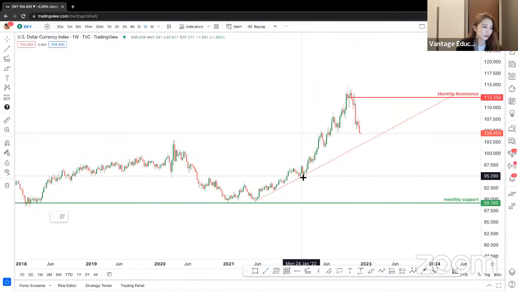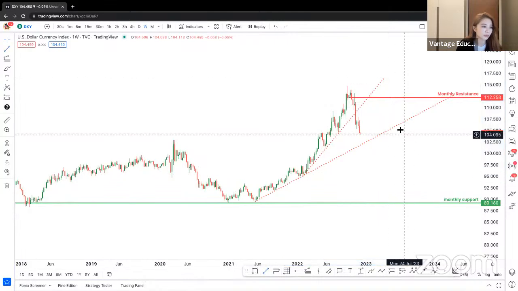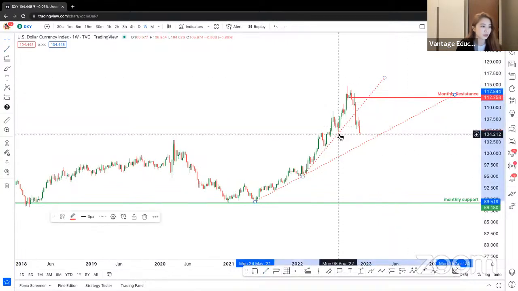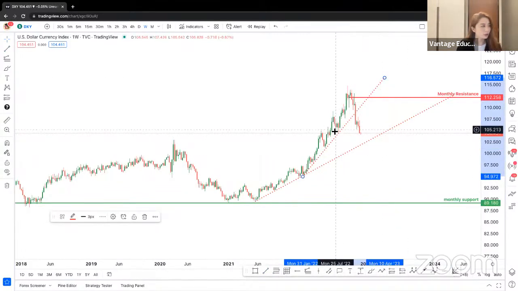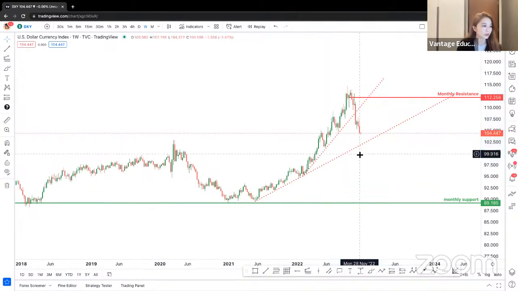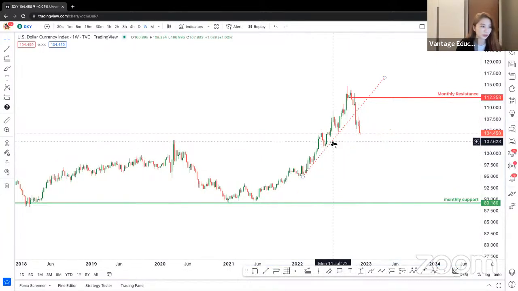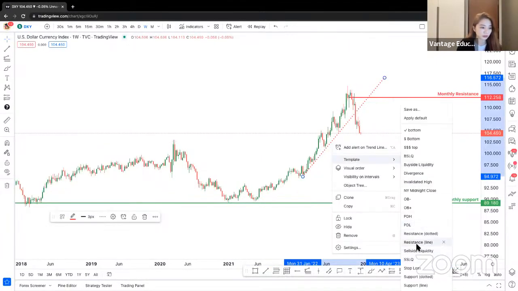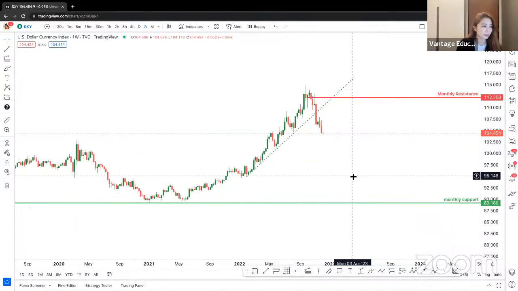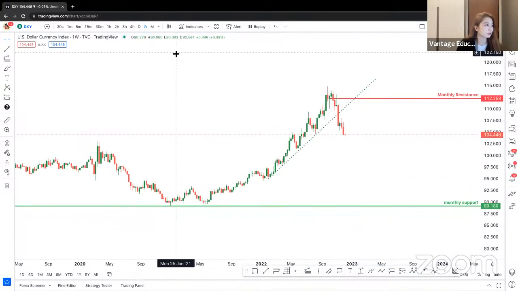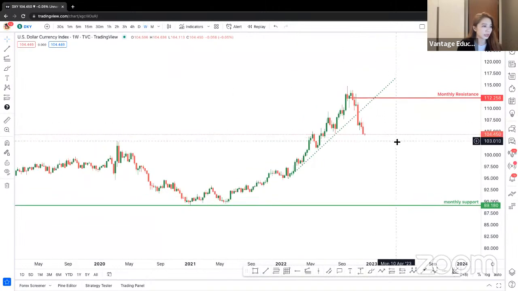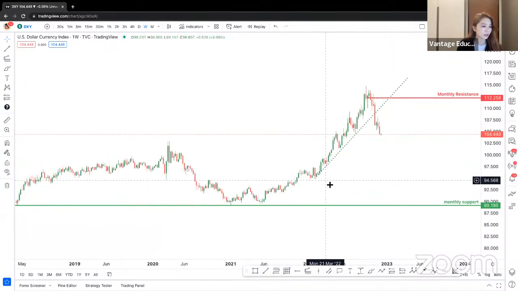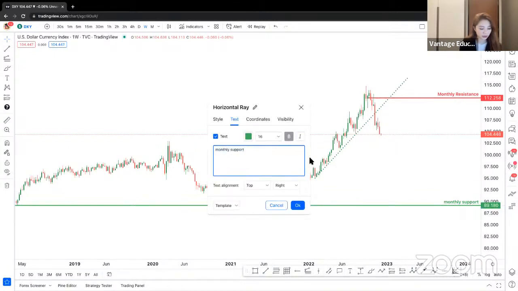If you want to, we are also looking at this way. Looking at this possible upward moving trend prior to this downfall. This is on the weekly chart. So our monthly support still stays for weekly. So let's just amend this.